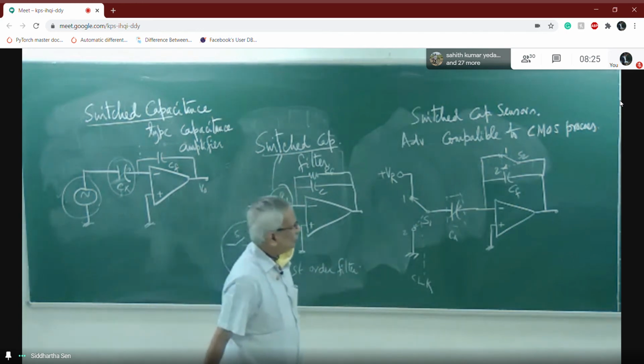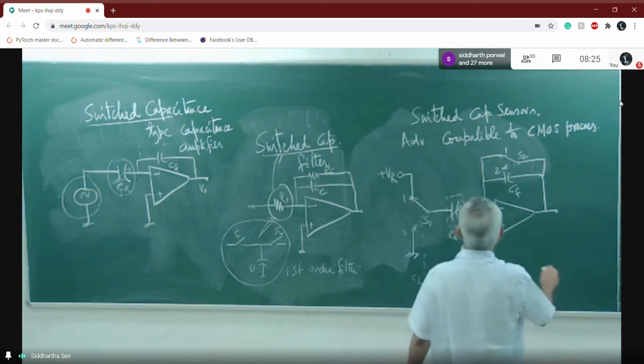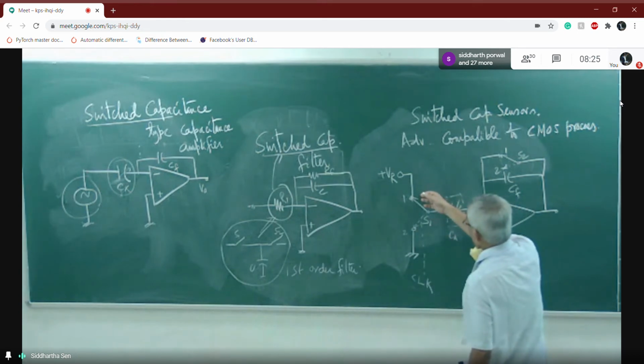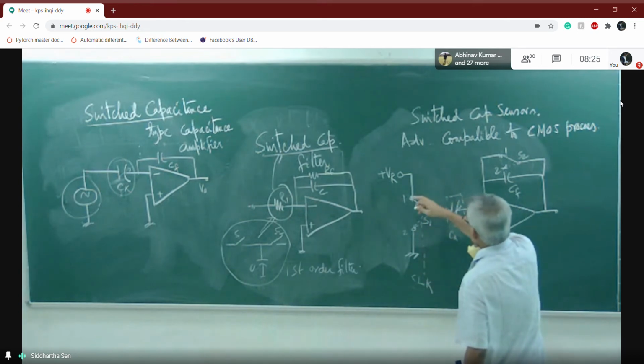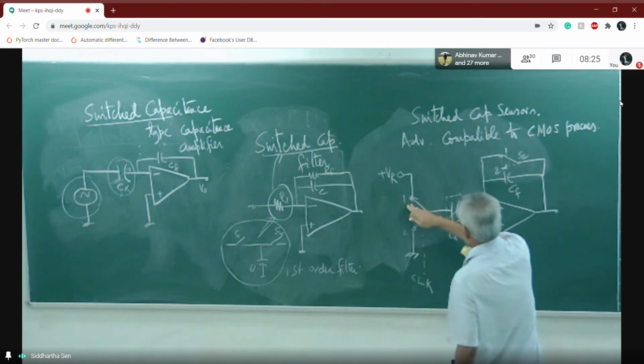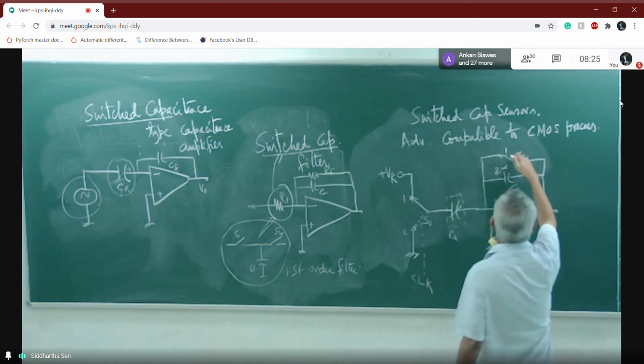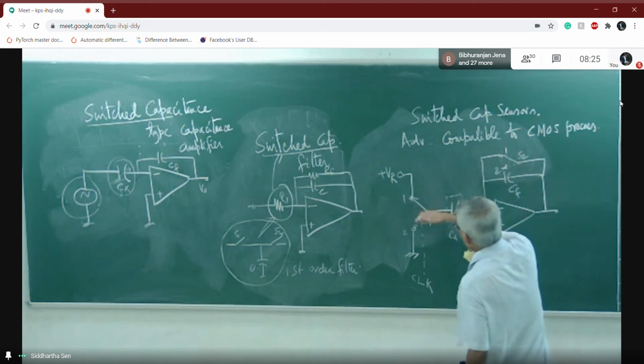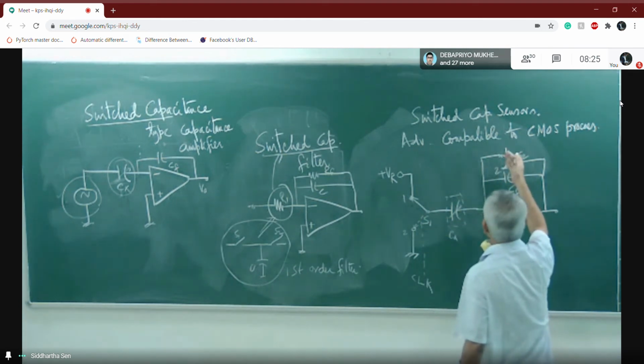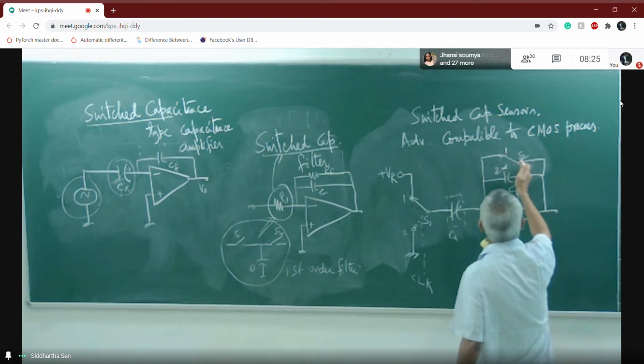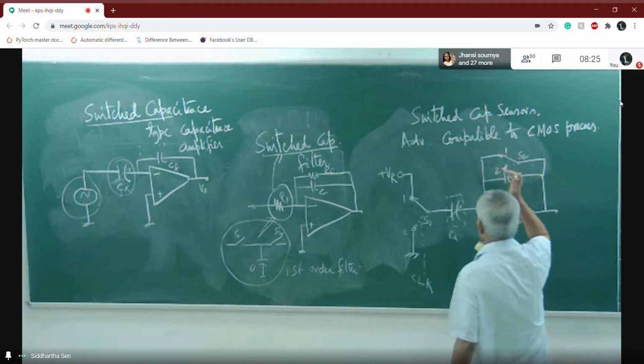Okay. Now similarly, we have two switches. When the clock is high, the switch S1's position is 1. If the clock is high, S2 position is at 1. And if it is low, S1 is at 2. And if it is low, S2 is just connected the opposite way.